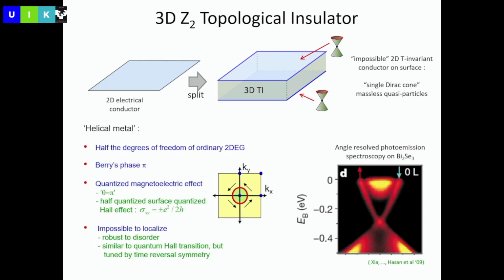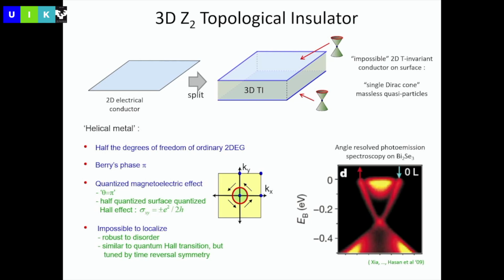Okay, and the magic of this is that these surface states are impossible to get rid of unless you break time reversal symmetry, so they're impossible to localize. In the quantum Hall effect you have an energy gap, a Landau level energy gap, but when you go from one plateau to the next, you go through a quantum phase transition, and at that transition the states are extended.